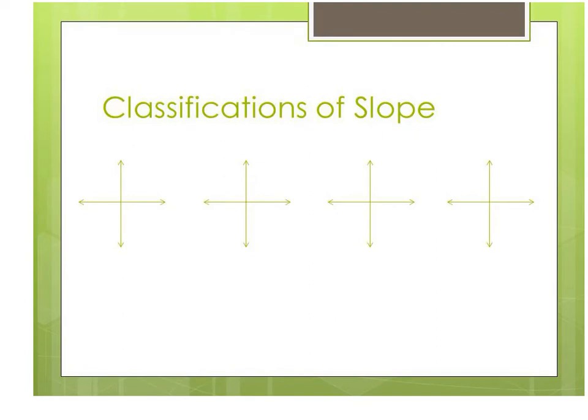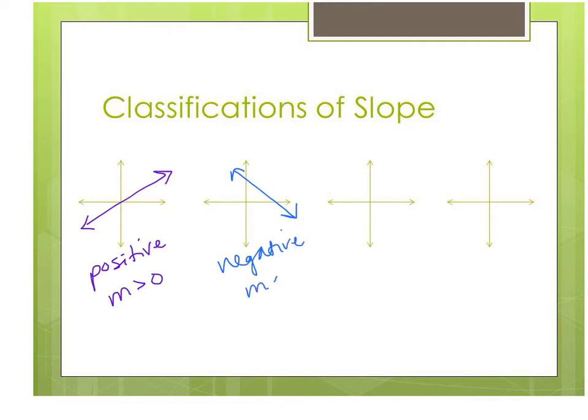We have 4 classifications of slope. So you want to go ahead and draw in 4 coordinate planes. We have a positive slope, so m would be greater than 0. We have a negative slope, m is less than 0. When you have equations that you're graphing from, if m is positive, it has to rise to the right.